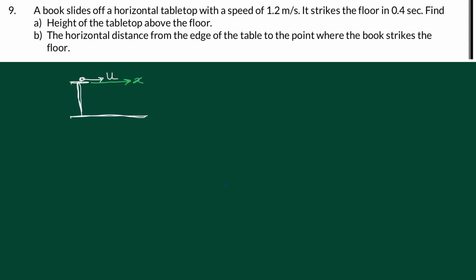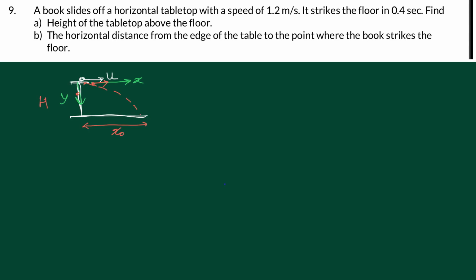the x-axis, this is the y-axis. So what you will visualize, how many books will you be dealing with? Two. One moving along the x-axis and then one moving along the y-axis. We have to find this height and the distance where it hits. Subsequent motion is projectile. Now we have discussed a number of problems of this type.